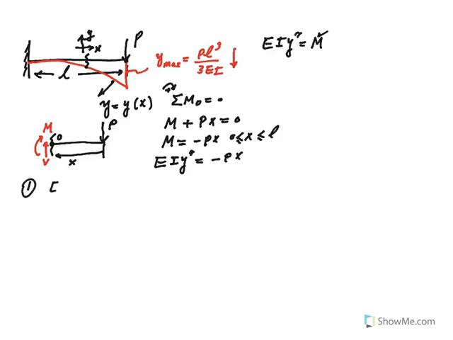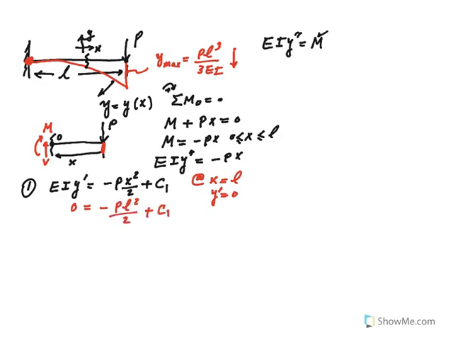So we go ahead and integrate once, and that gives us the equation of the slope, y'. So we get minus Px squared over 2 plus C1. So what is the boundary condition? The obvious boundary condition is that x equal L, remember x is taken from here, this is x equal 0, and x equal L is right here. We know that the slope is 0. So if we set the slope equal to 0 and put x equal L, this time we do get C1 equal PL squared over 2.